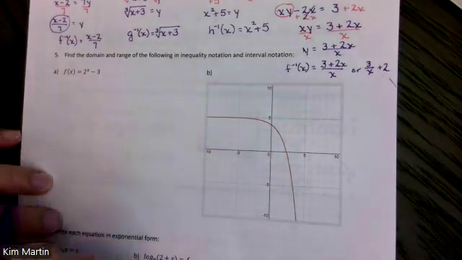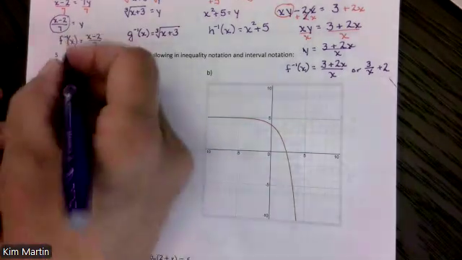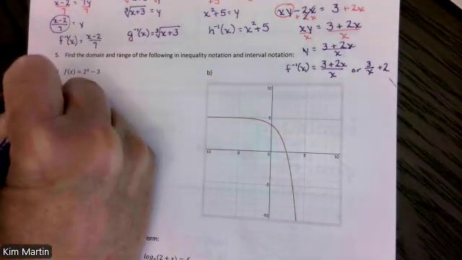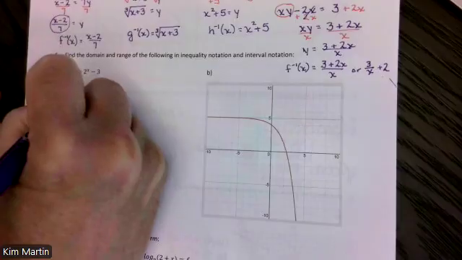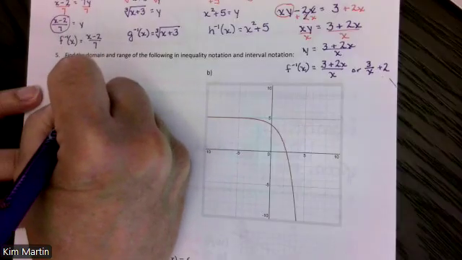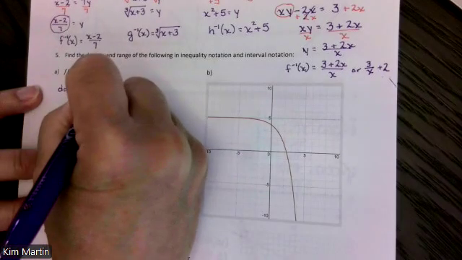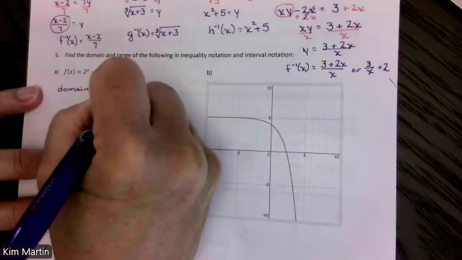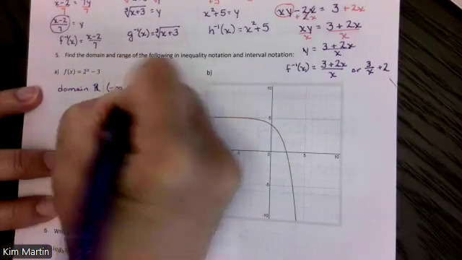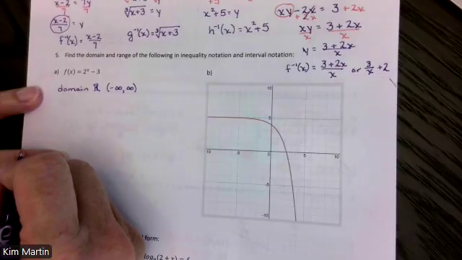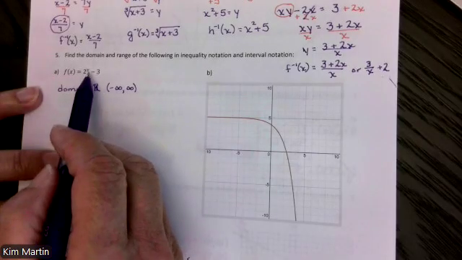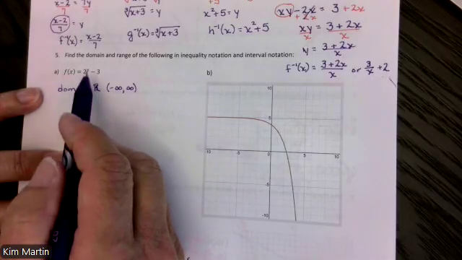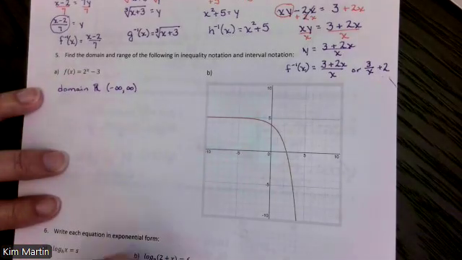So for exponential functions, the domain is all real numbers, which means it's negative infinity to infinity. Right here, if you were to graph that, it would move the graph down 3.